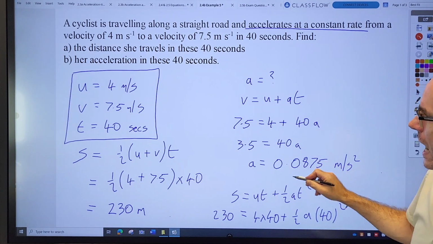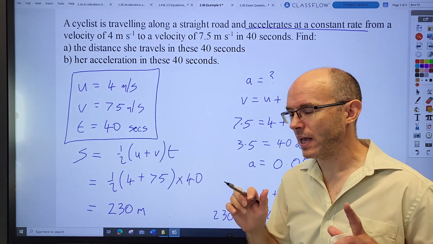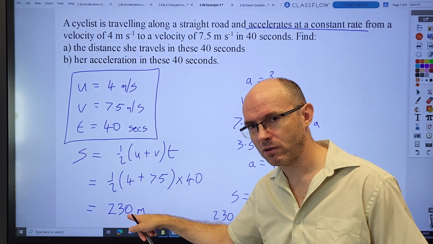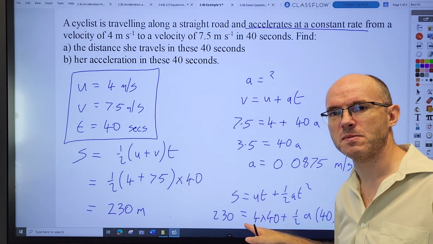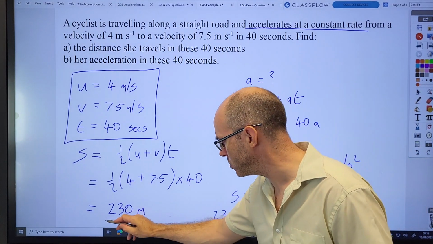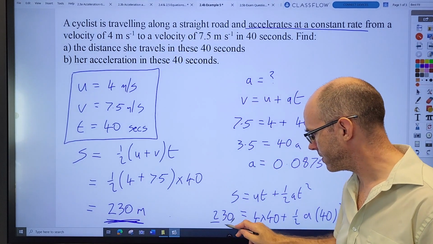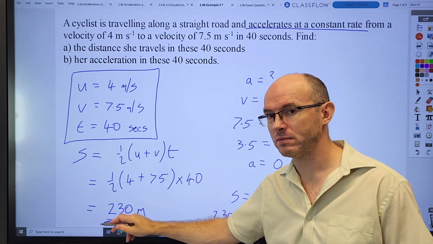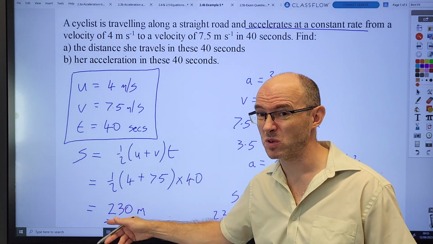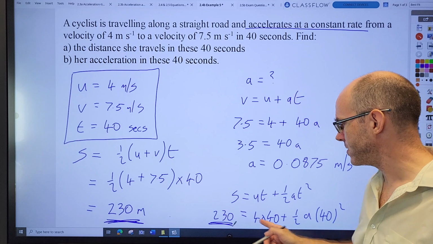However, here's the thing: if this answer was wrong, then this answer is going to be wrong as well. Because if you use that value there and that value is not 230, say for the sake of argument it's 240 because you made a mistake somewhere, this answer will be wrong as well.